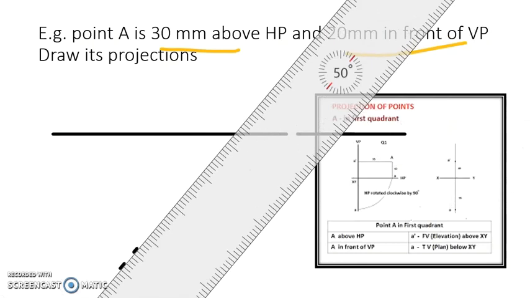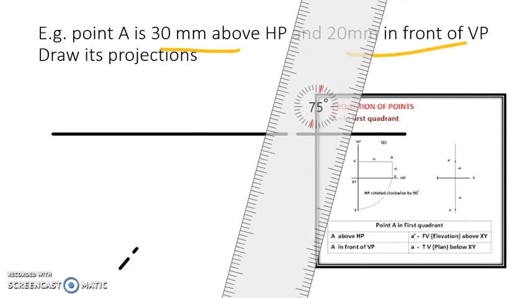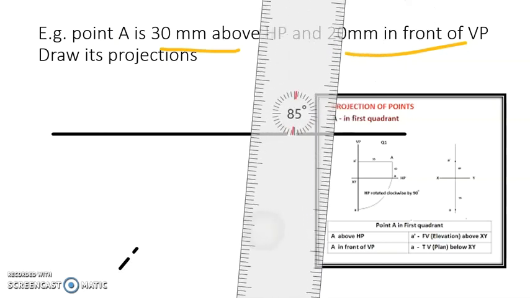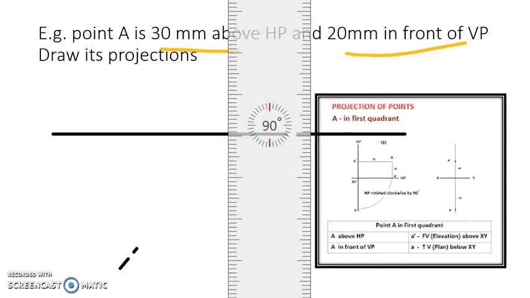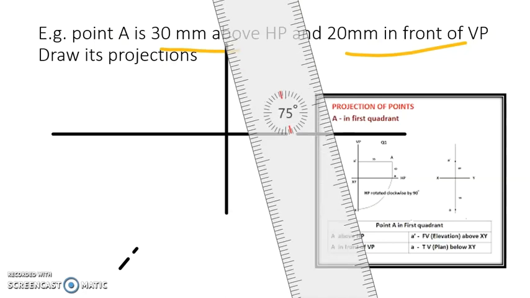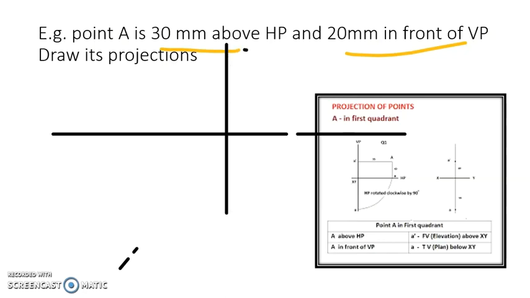So from XY line, point A will be 30 mm above HP and 20 mm in front of VP. So point A will be here, that is A dash, and point plan A will be here, that is A. A dash and A. So this is the condition of first quadrant, it is VP and this is HP.